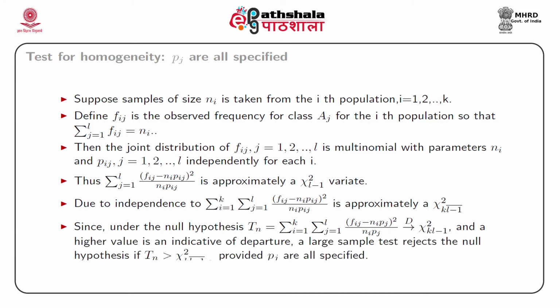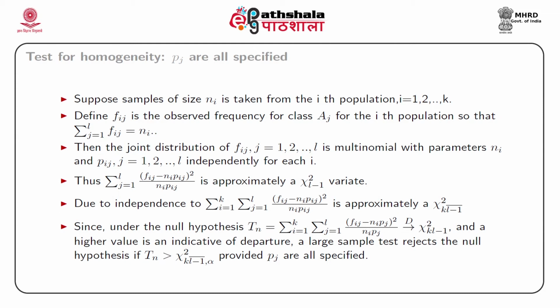Therefore the quantity summation j from 1 to L Fij minus ni Pij whole square divided by ni Pij is approximately a chi-square variable with L minus 1 degrees of freedom. Due to independence, the sum over i from 1 to k of these variables is approximately a chi-square variable with degrees of freedom k multiplied by L minus 1.